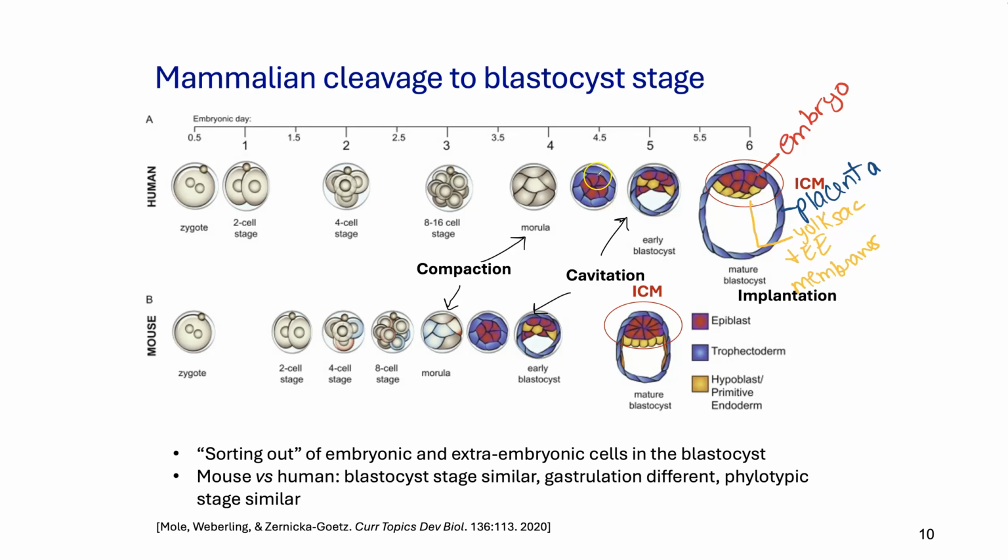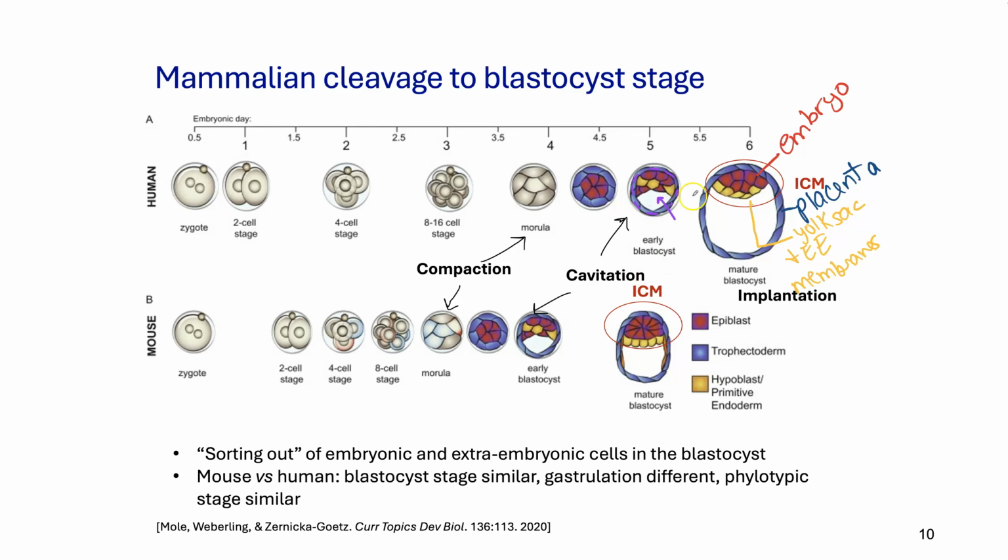So there's a division that separates the morula into outer cells and inner cells. And then there's cavitation where, remember, the water and the salt are pumped into the space between. And because of the tight junctions between these cells, the water can't escape. And so you wind up with this fluid-filled cavity. All of this is pretty much the same as in the mouse embryo.